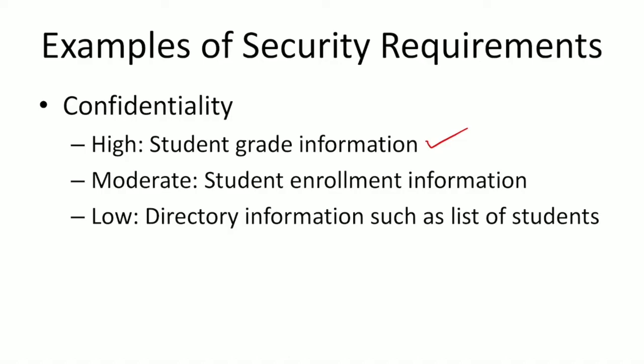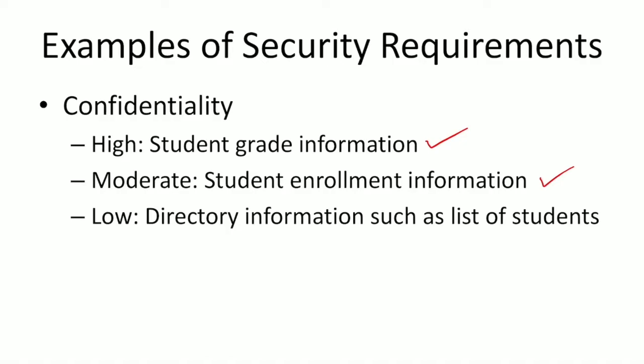In the United States, the release of such information is regulated by FERPA, which stands for Family Educational Rights and Privacy Act. So grade information should only be available to students, their parents, and employees that require this information to do their job.